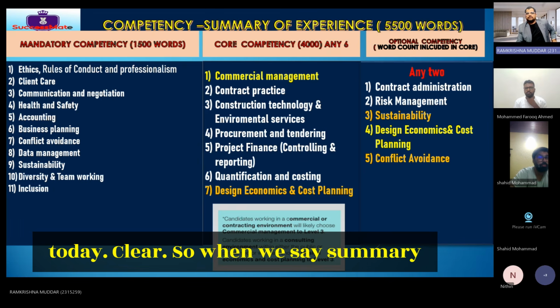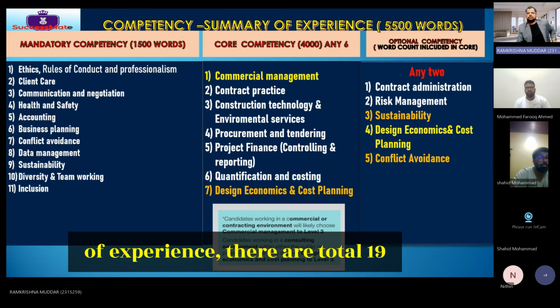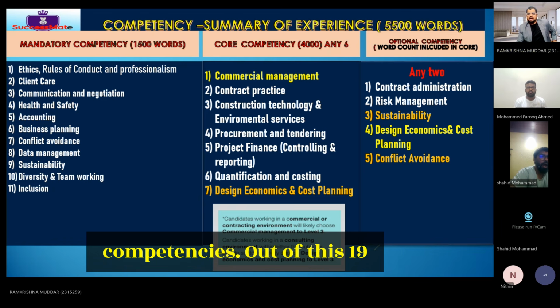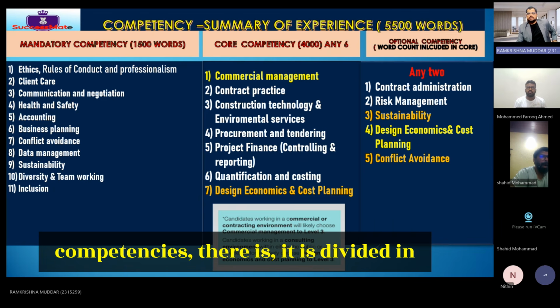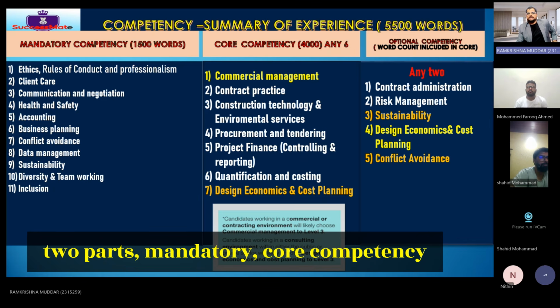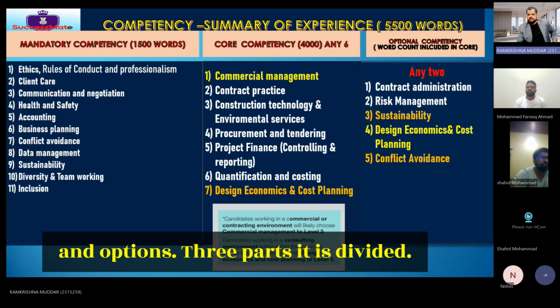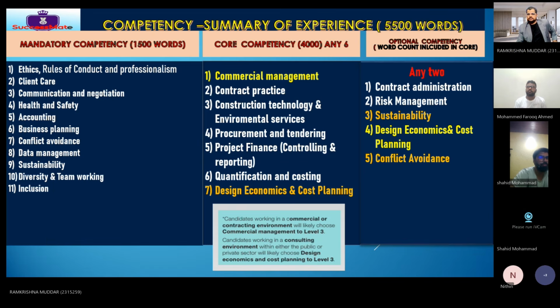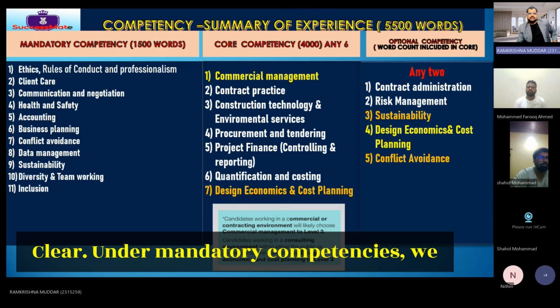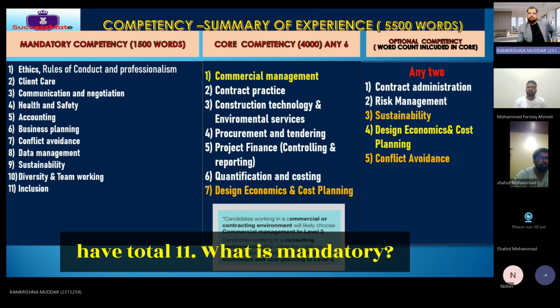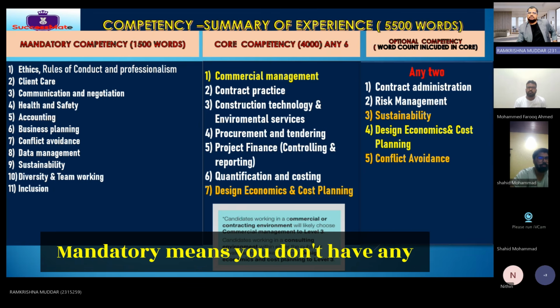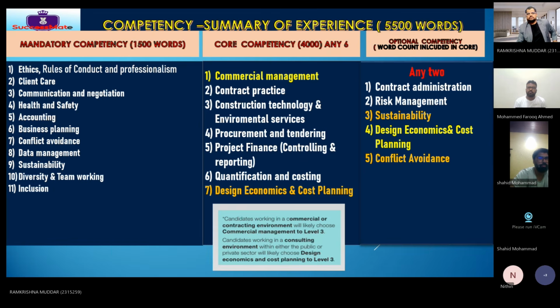Clear? When we say summary of experience, there are a total of 19 competencies. These are divided into 3 parts: mandatory, core competency, and optional. Under mandatory competencies, we have a total of 11. Mandatory means you don't have any option, you need to write.